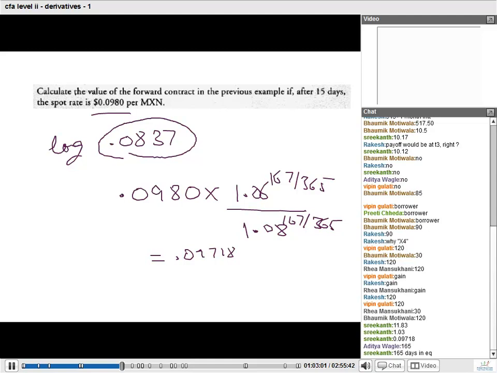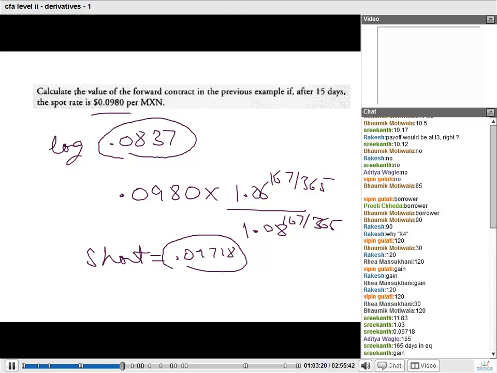However, you can short the Mexican peso at $0.09718 because that is the new rate. So have you gained money or have you lost money? So you will buy 1 peso and pay how much? And pay $0.0837. But you will sell this peso. So you will sell it for how much? 0.09718 because that is the new rate.